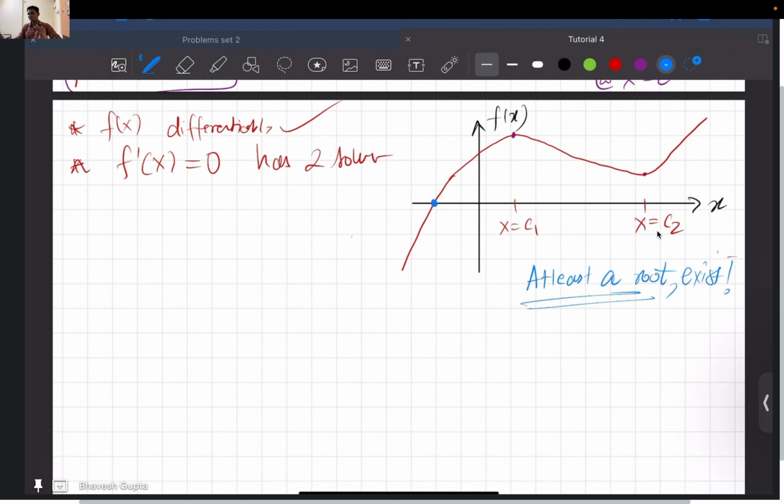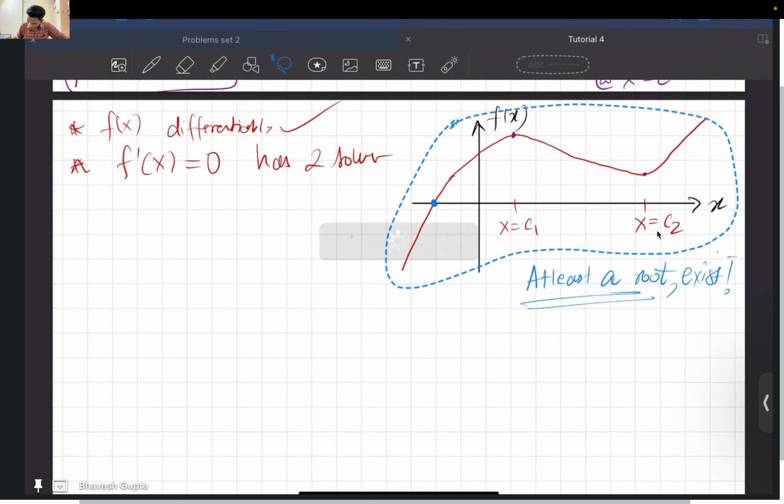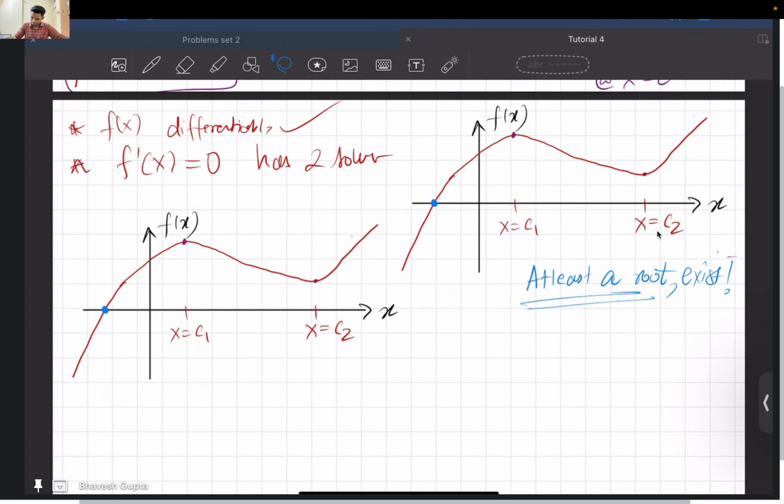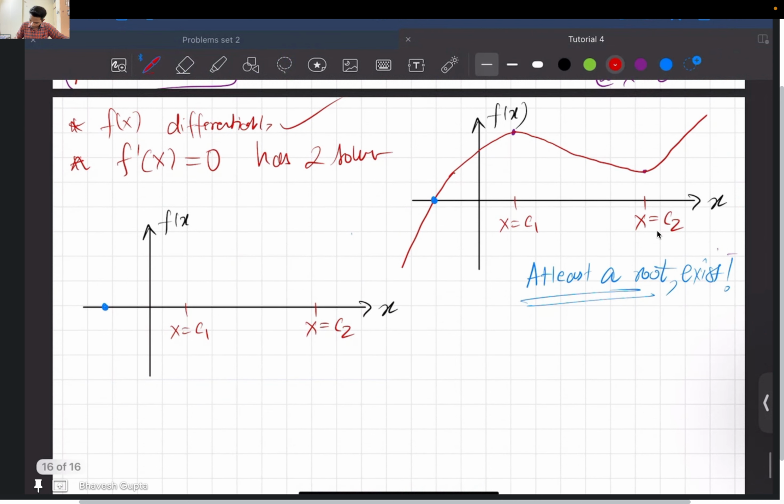But at max, how many roots can it have? That's interesting. Let me just copy paste this. Because now you can have a situation like this, in which, okay, here you have this maxima, here you have this minima, and you have this kind of a plot.